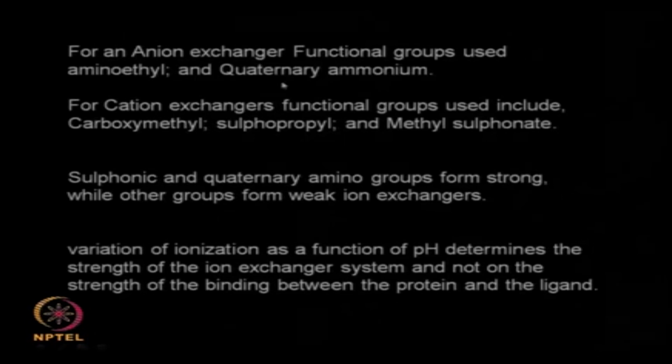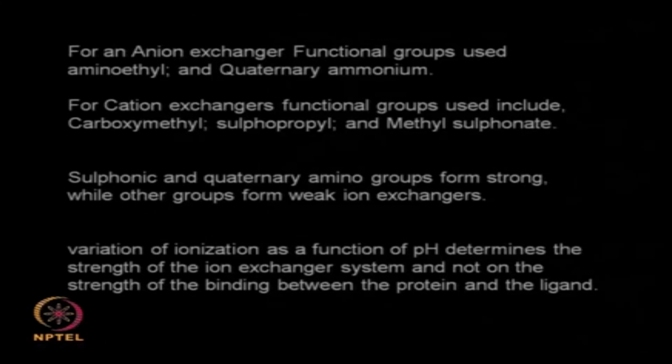For an anion exchanger, the functional groups used are aminoethyl and quaternary ammonium. For a cation exchanger, the functional groups used include carboxymethyl, sulfopropyl and methyl sulfonate. Sulfonic and quaternary ammonium groups form strong, while other groups form weak ion exchangers.